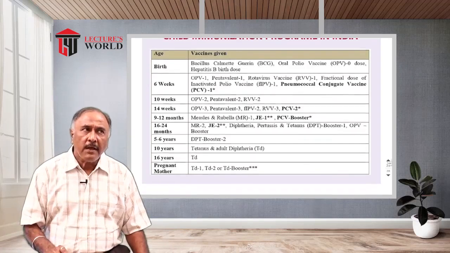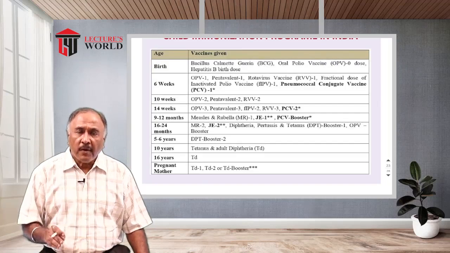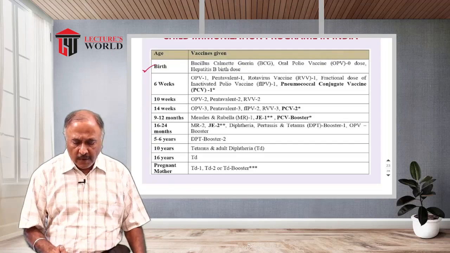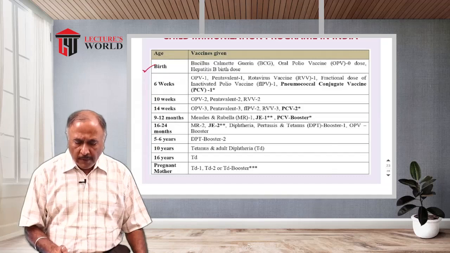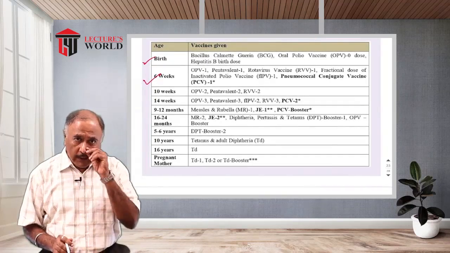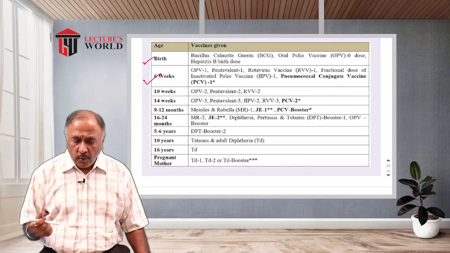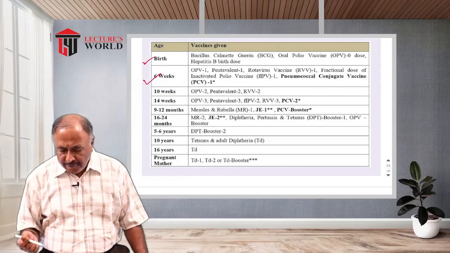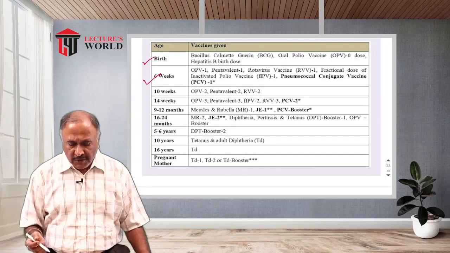This table indicates which vaccines are to be given at birth, that is, as soon as the child is born. For example, BCG, oral polio, or hepatitis vaccine. After 6 weeks, we have again oral polio 1, a pentavalent, then rotavirus vaccine, then fractional dose of inactivated polio vaccine, pneumococcal conjugate vaccines.